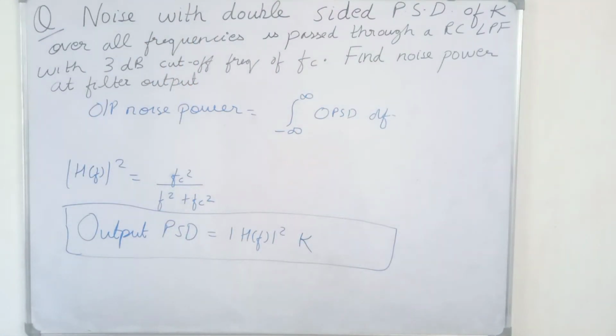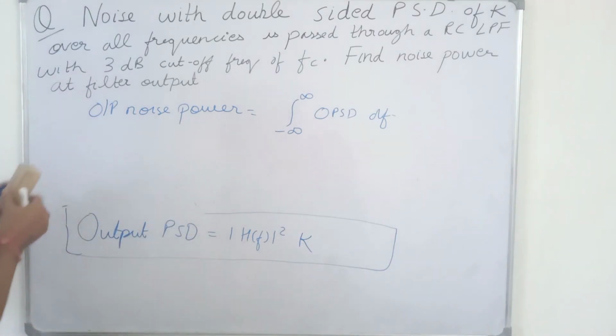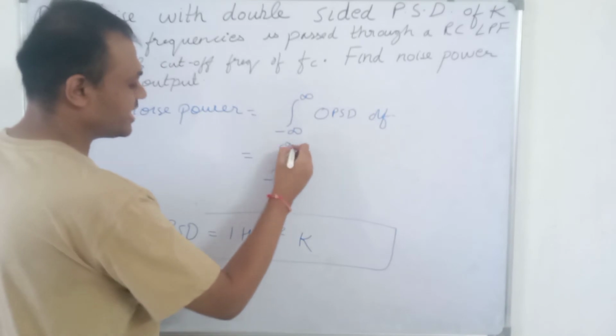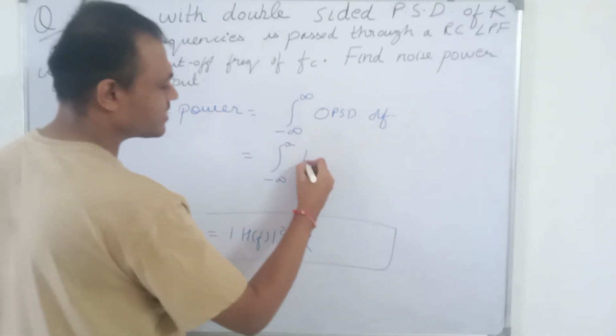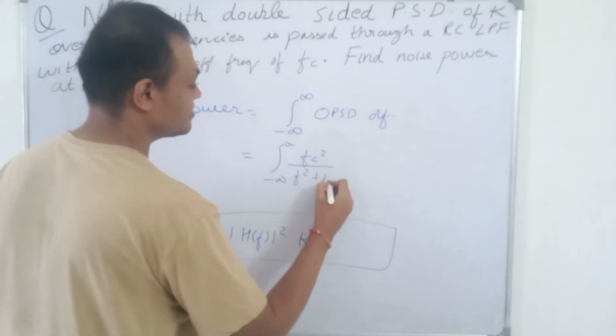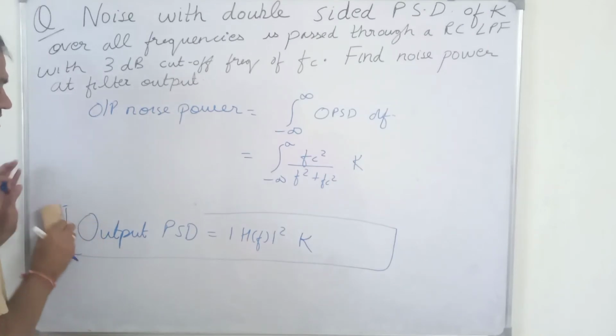This will be equal to the integral from minus infinity to infinity of fc² upon (f² + fc²) into k, which is our output power spectral density. This will give me the output noise power.